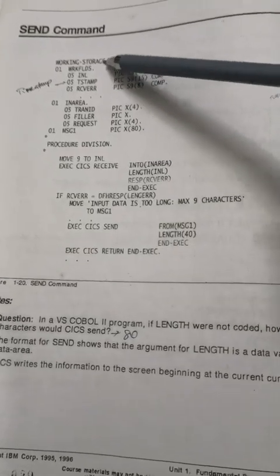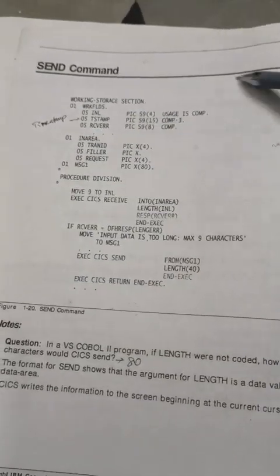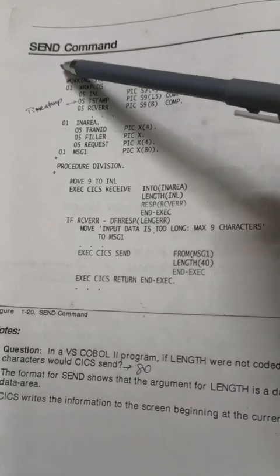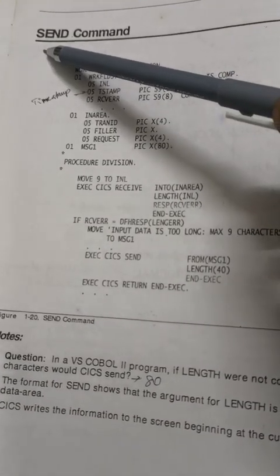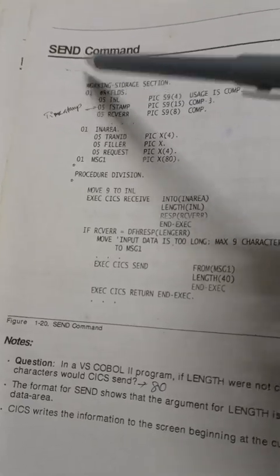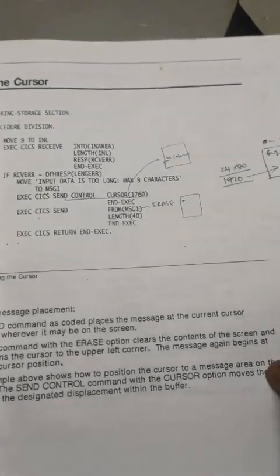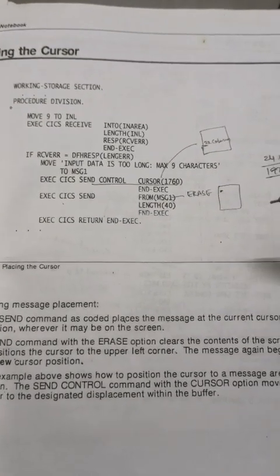Beginning of the cursor means the whole screen. The error message will be sent from the starting of the screen. The error message will display there if you are not passing any position.